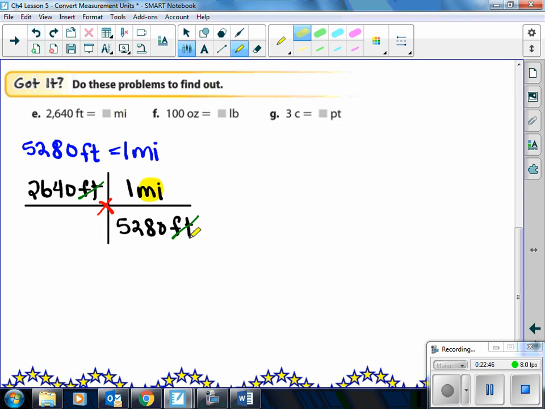So can I simplify the 2,640 and the 5,280? Yeah. Well, first we know they both end in zeros, right? So I can divide by 10, right? So can I just take away the zeros? Yeah. So we will end up with 264 over 528.